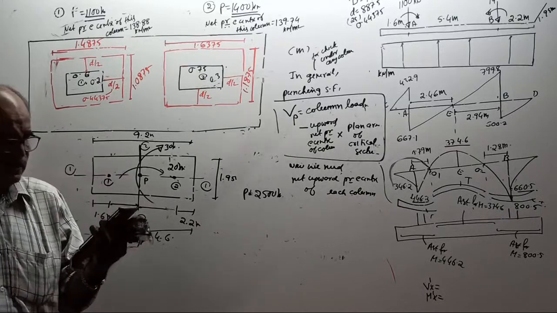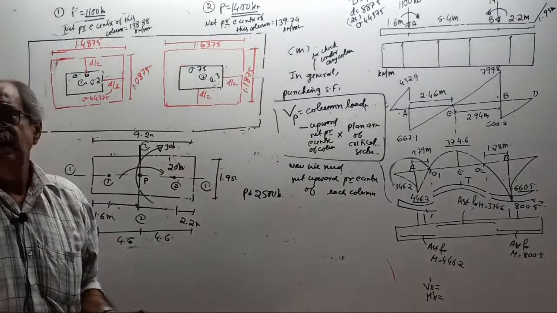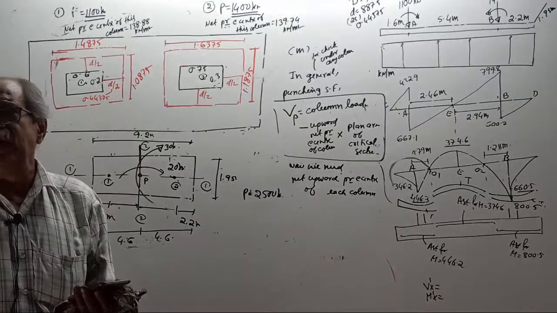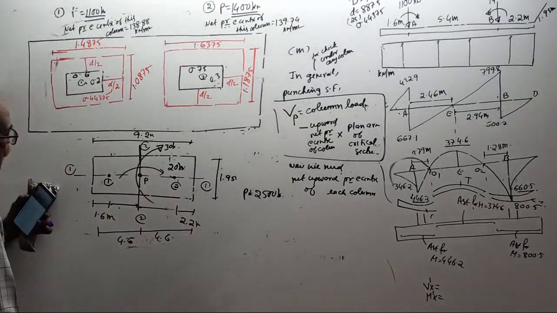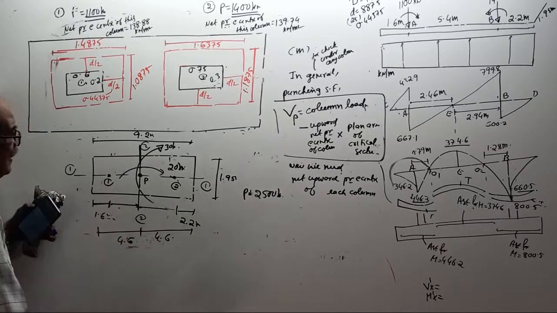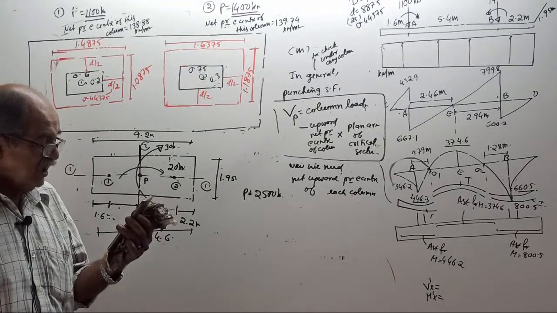Otherwise, don't listen. You already got the answer. This is called an extra concept because I am quite reasonably good in strength of materials. 2.73? From 4.6, if I subtract 1.6, how did you get 2.73 meter? Which 2.73 is that?